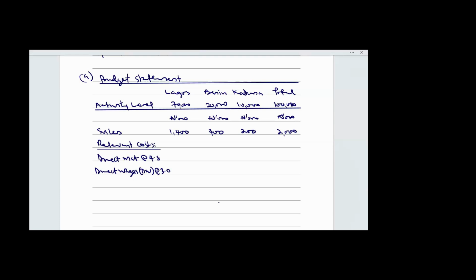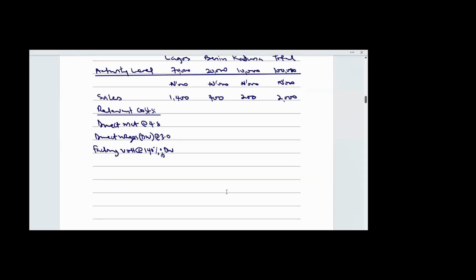After direct wages, what's the next one? Factory variable overhead. How much is it? We are told it's 140% on direct wages. Okay, 140% of direct wages. All right. After factory variable overhead, which one is next?